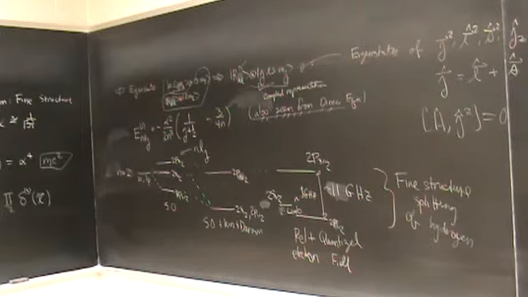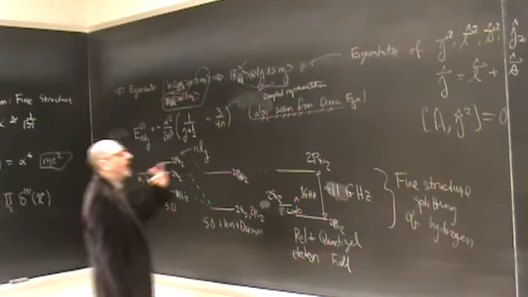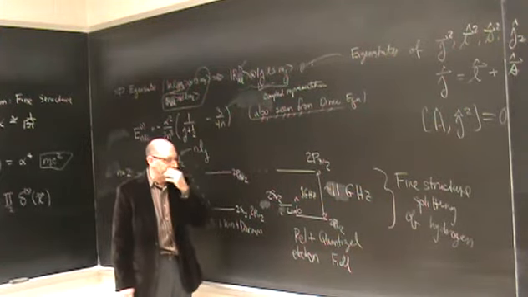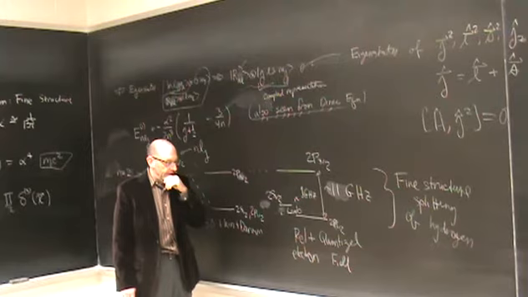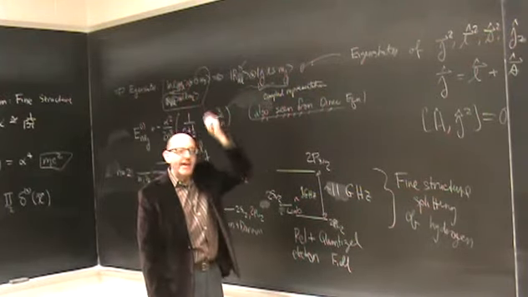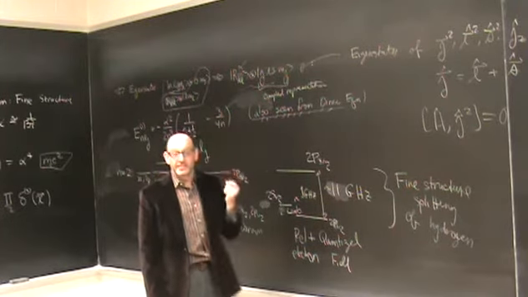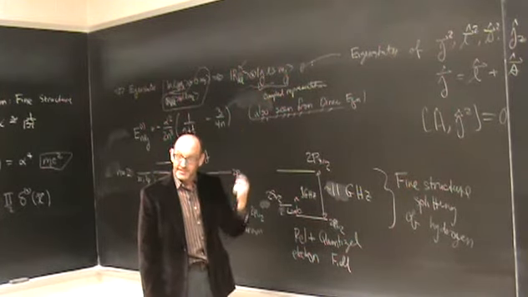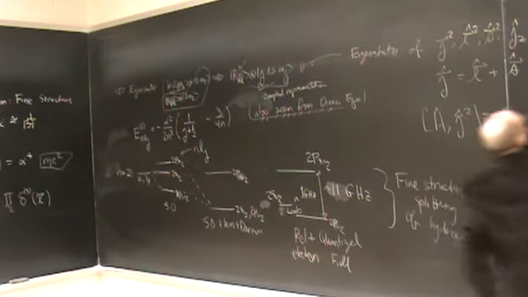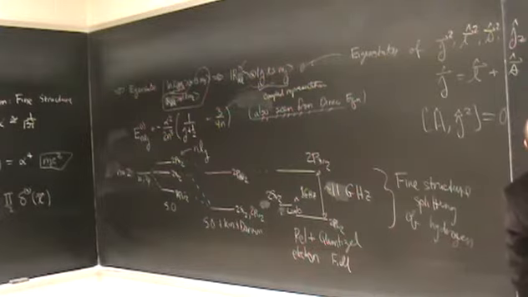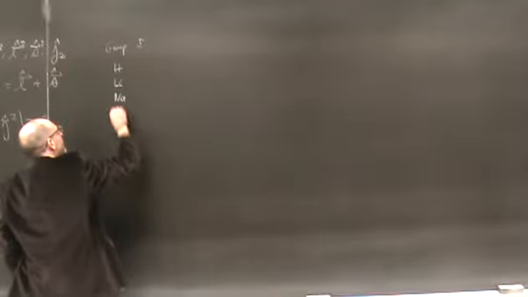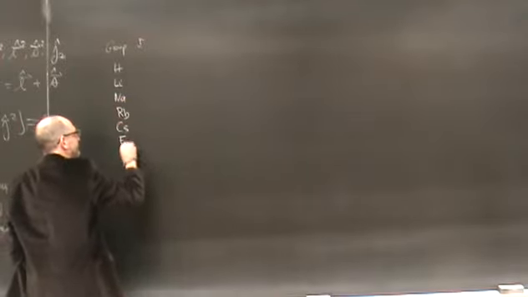Now, there's one thing I want to emphasize in addition about this. This kind of spectrum is similar, but not exactly the same for all of the atoms that have one valence electron in group 1 of the periodic table, the alkali atoms, right? We have hydrogen, lithium, sodium, rubidium, cesium, francium.